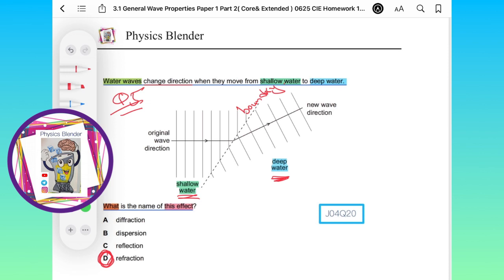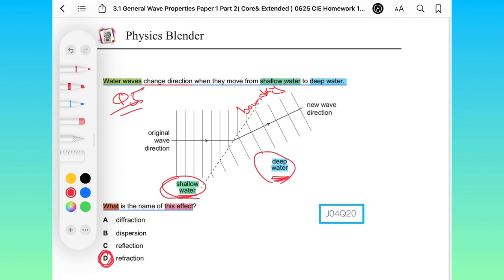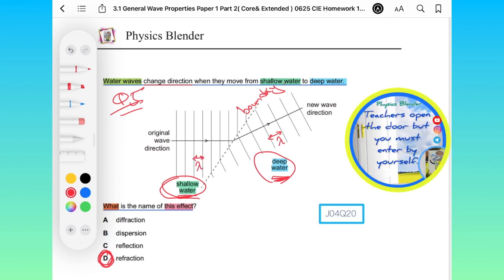So we consider deep water as a medium, and shallow water as another medium. So when they travel from one medium to another, they change direction, they change speed and wavelength. And by the way, here the wavelength in deep water is longer than the wavelength in shallow water.